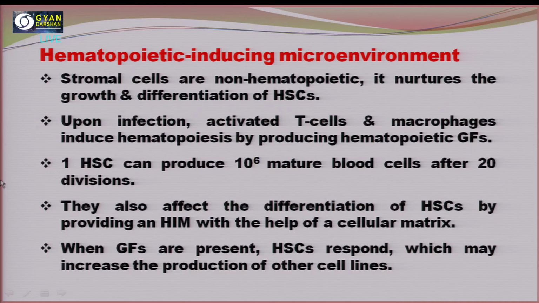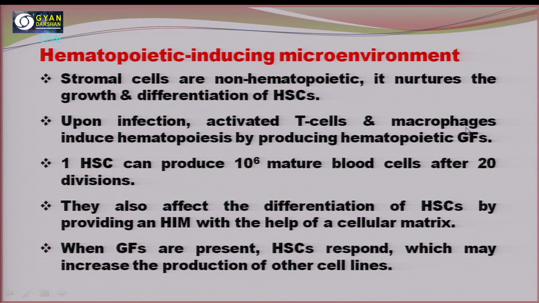They provide, basically, stromal cells in the bone marrow. The stromal cells are non-hematopoietic cells that nurture the growth and differentiation of the hematopoietic stem cells. Upon infection, activated T cells and macrophages induce hematopoiesis by producing hematopoietic growth factors.